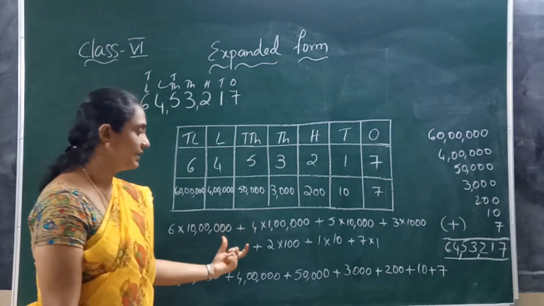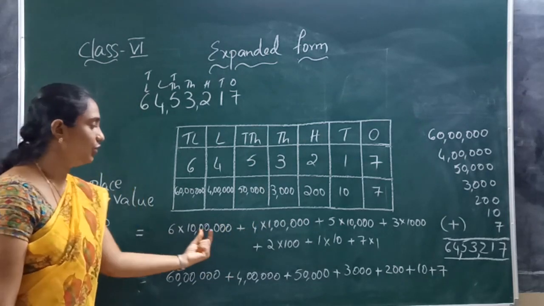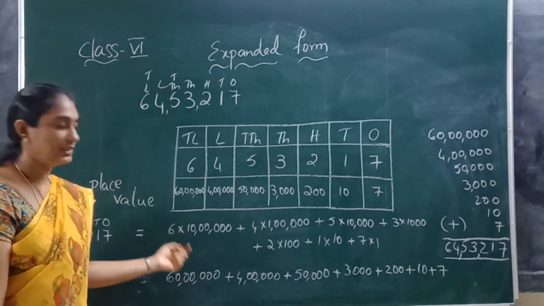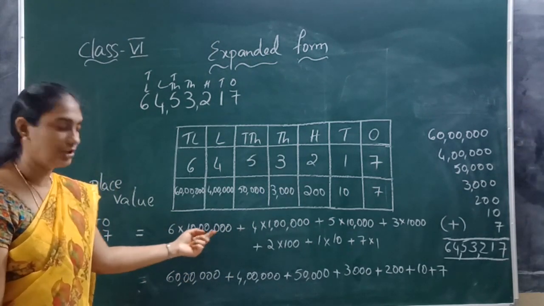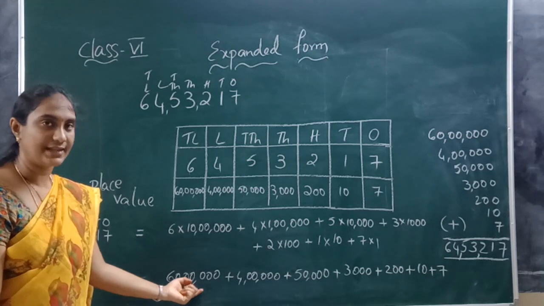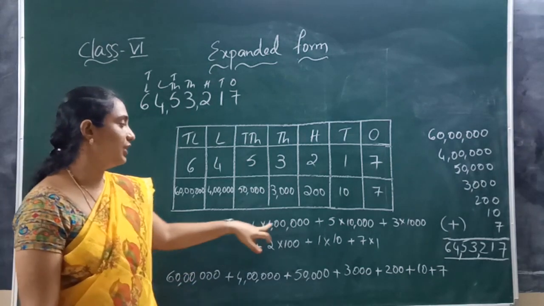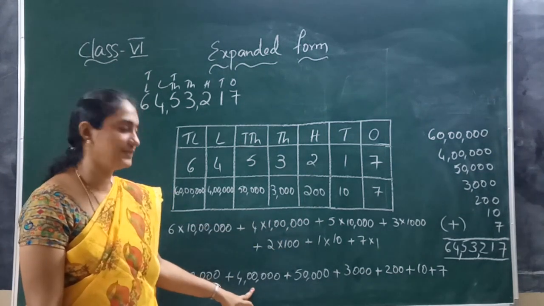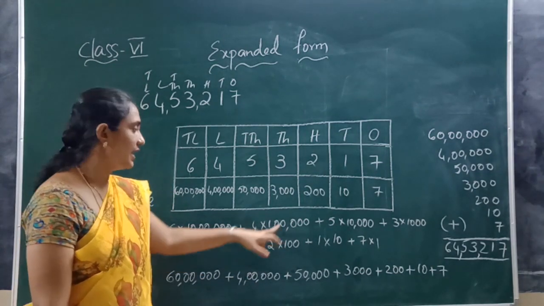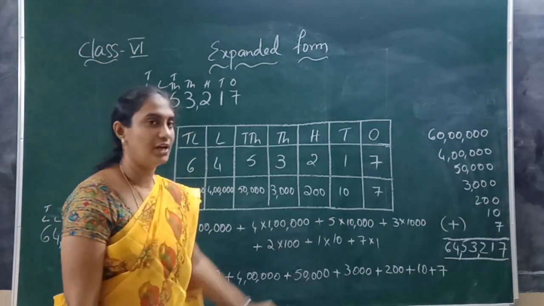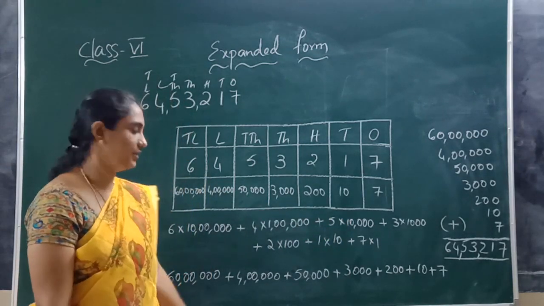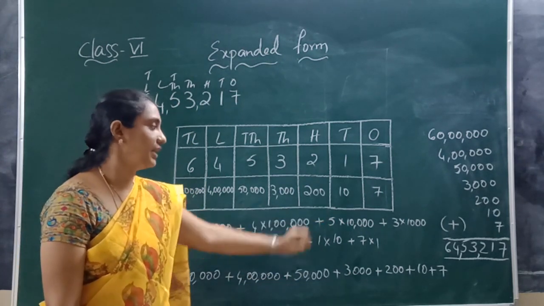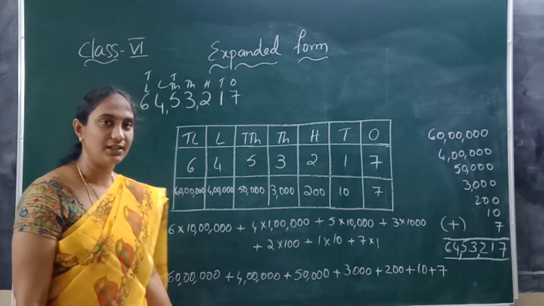By writing like this, now see: 6 into 10 lakhs, so the total number is 60 lakhs. Plus 4 into 1 lakh, so the number is 4 lakhs. Next 5 into 10,000, so the number is 50,000.